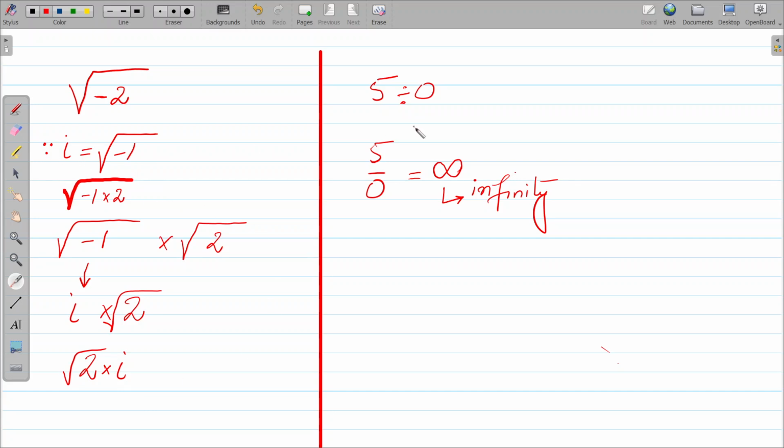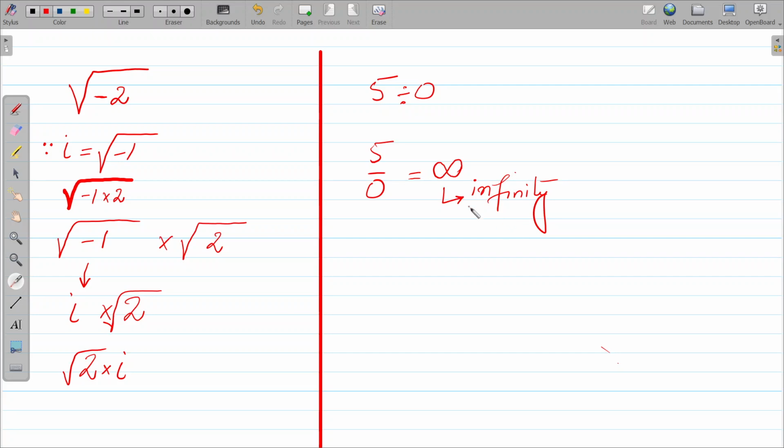Now the other way of expressing imaginary numbers: if you have any natural number or whole number divided by 0, it cannot be solved, and it is defined as always equal to infinity.